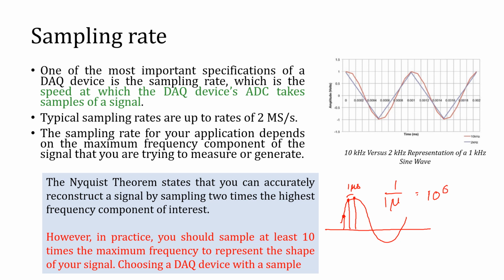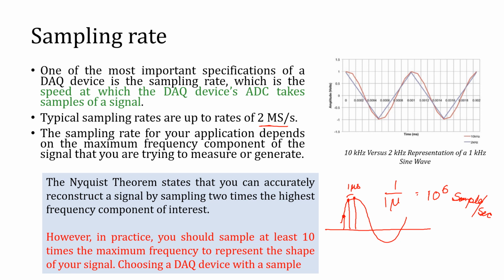So this is the number of samples that it can take in 1 second. That is the sampling rate. The most common sampling rates are either 1 mega samples per second or 2 mega samples per second. So these are the common sampling rates we consider in real-time data acquisition systems.